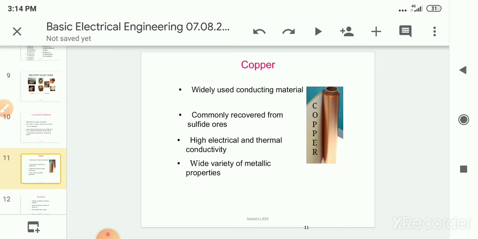Copper is commonly recovered from sulfide ores. It has high electrical and thermal conductivity, and it gives a wide variety of metallic properties.